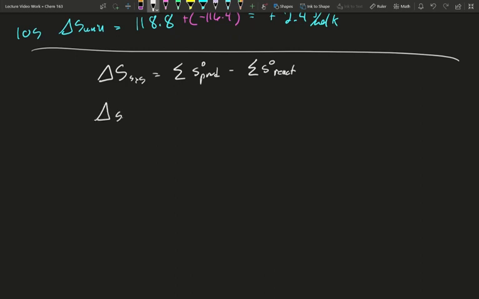The S value for my surroundings is equal to the negative delta H of the reaction divided by the temp at which it is being maintained. And the S value for the universe is equal to the S of your system plus the S of your surroundings. These three relations allow us to calculate the entropy for various chemical changes and chemical reactions.